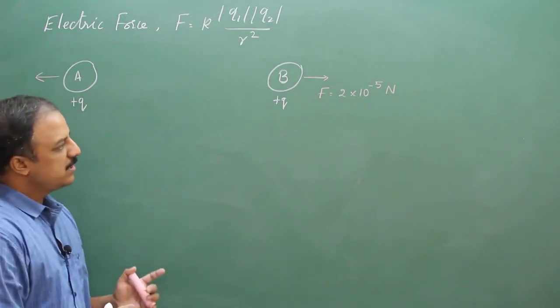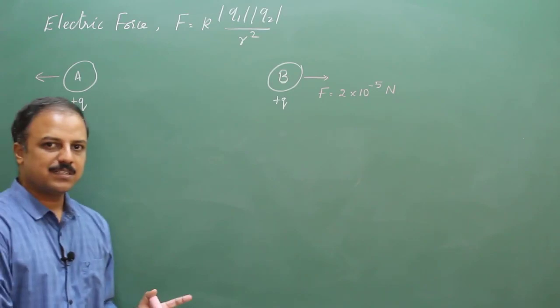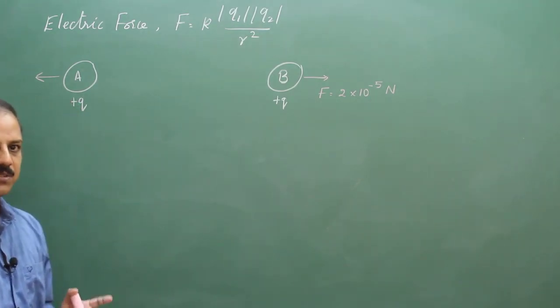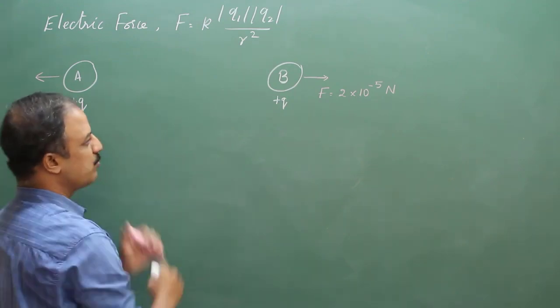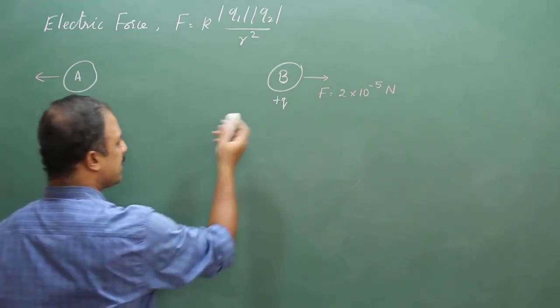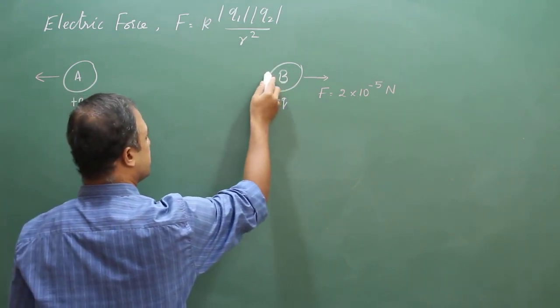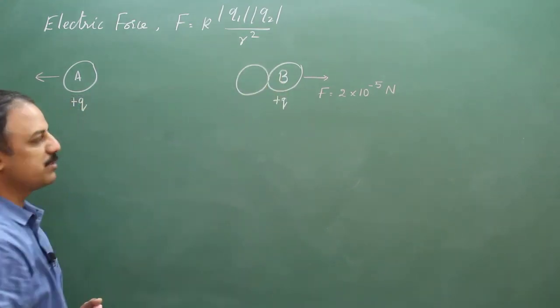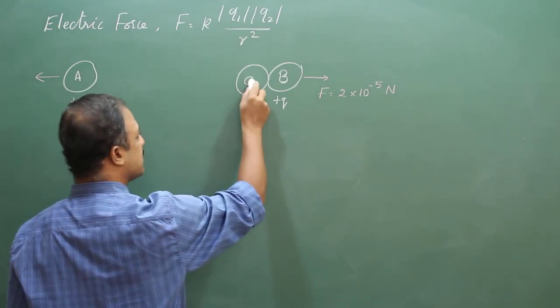Now what you do here is you bring in a third identical uncharged metallic sphere. That sphere is identical with A and B, it's uncharged, and you bring it in contact with B. Let me name this as C here.